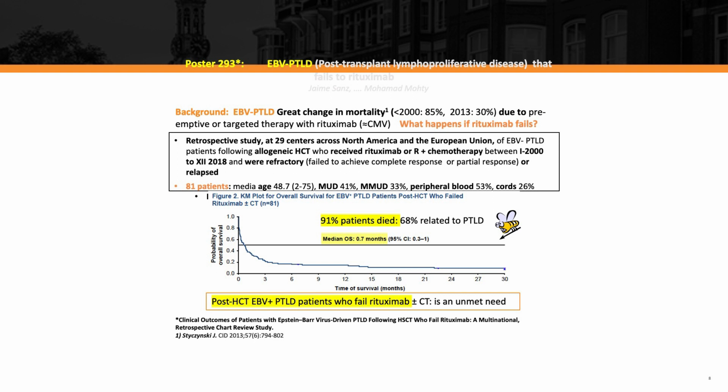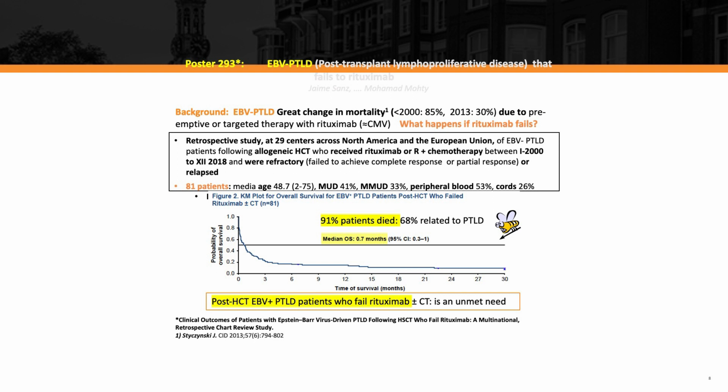So this is a very specific population with EBV PTLD. As you can see, 81 patients were included. The median age was 48 years. The majority were unrelated, matched or mismatched, and there was also a great proportion of cord blood, 25%.